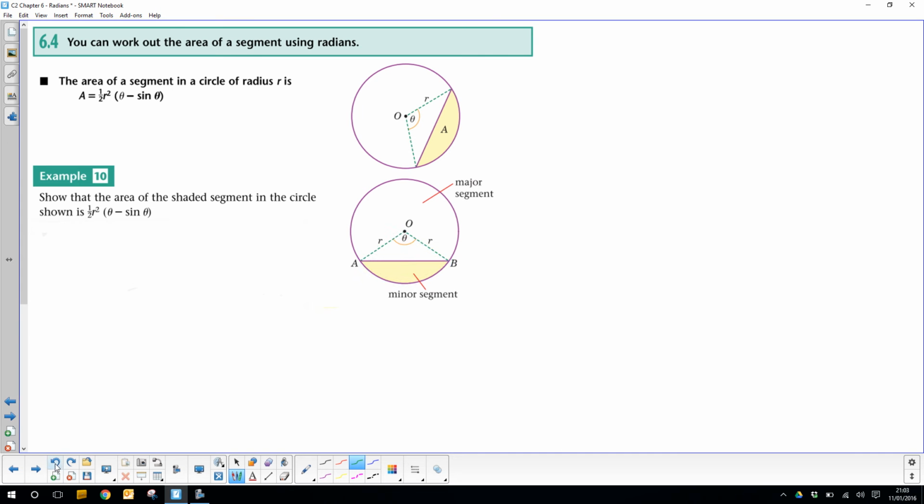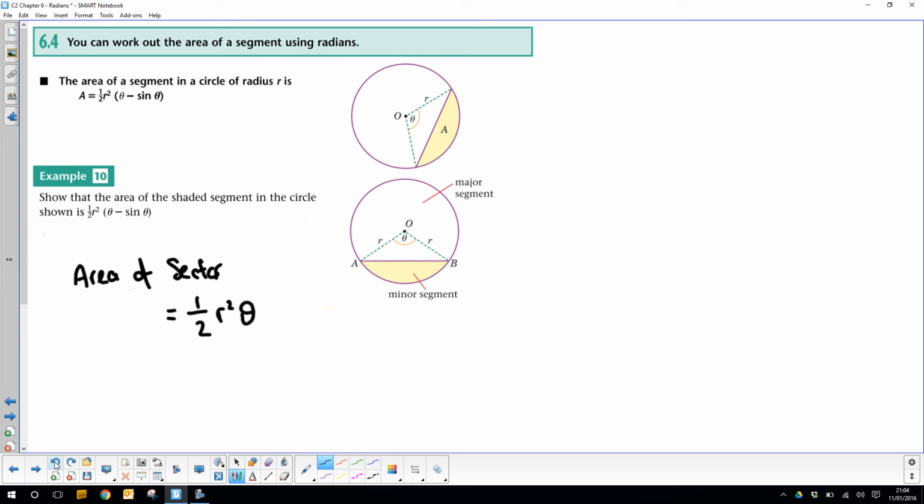So we'll start with, what did we say? We said we're going to find the area of the sector, and the sector is pretty easy. That is simply a half r squared theta. No problems. Now the triangle, let's do it slightly neater than that.